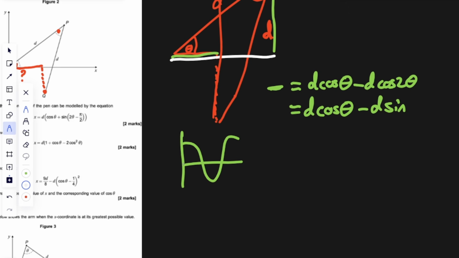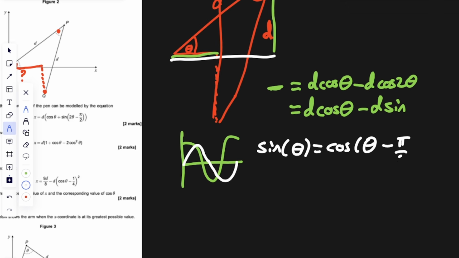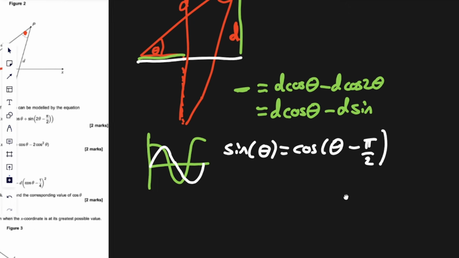Now, drawing on the same axis, sine looks like this. So it's almost like sine is the moved along version of cos. In other words, sine of theta is equal to cos of theta minus pi on 2. And if you set theta to be equal to phi plus pi on 2, you can get some shifts.